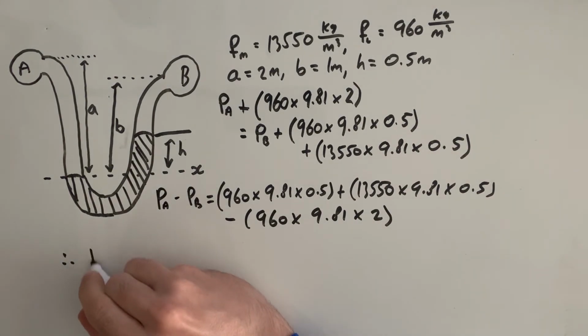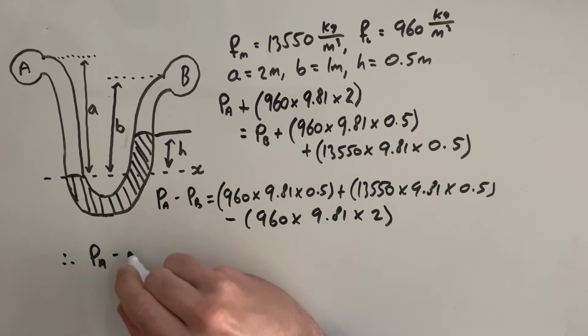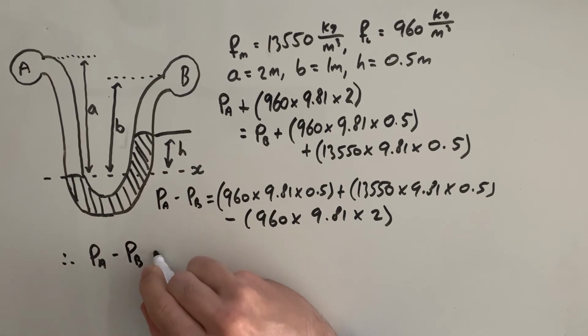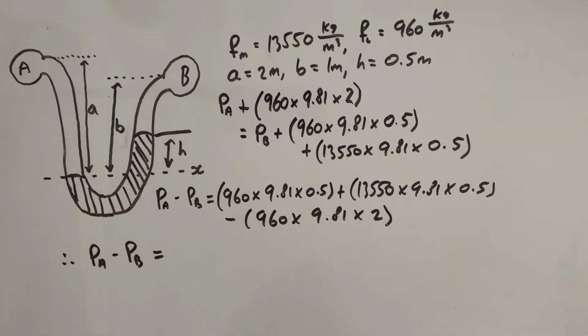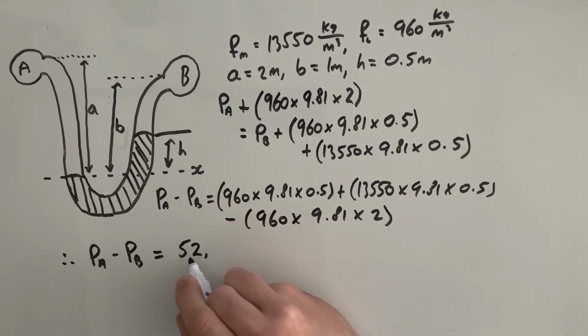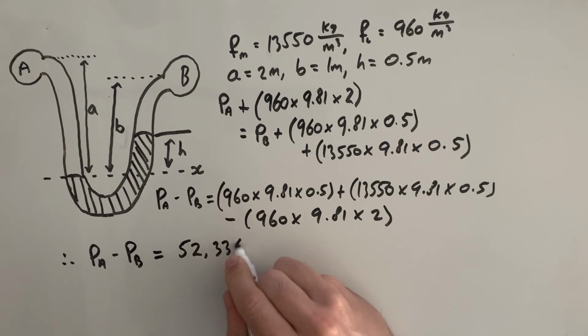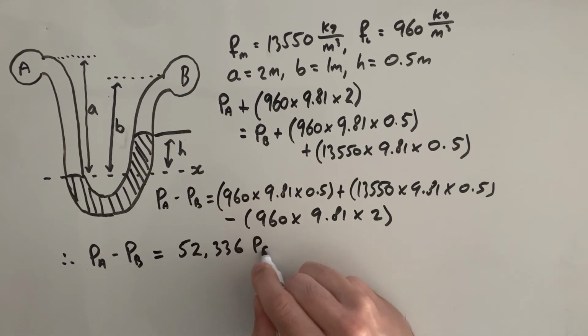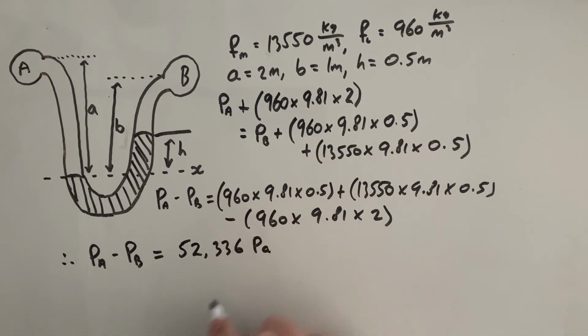Therefore, our final answer is that PA minus PB is equal to 52,336 Pascal, which, for want of a better way of leaving this due to its magnitude, is 52.3 kilopascals.